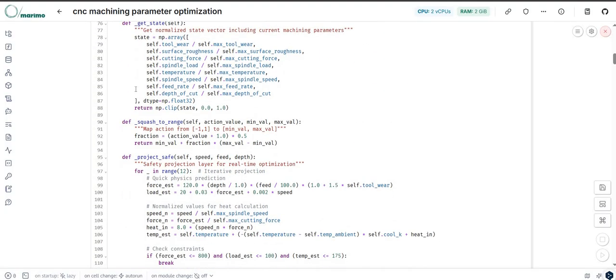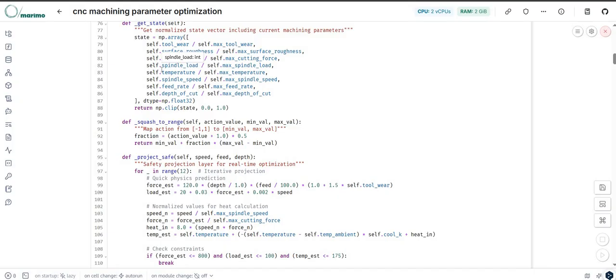Normalization happens inside the get state function, and here each value like tool wear, roughness, cutting force, load, and temperature is divided by its maximum limit. For example, tool wear divided by max tool wear, or surface roughness divided by max surface roughness.